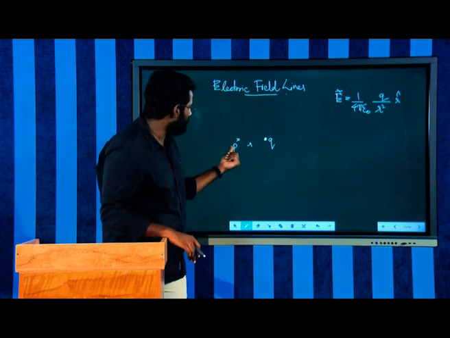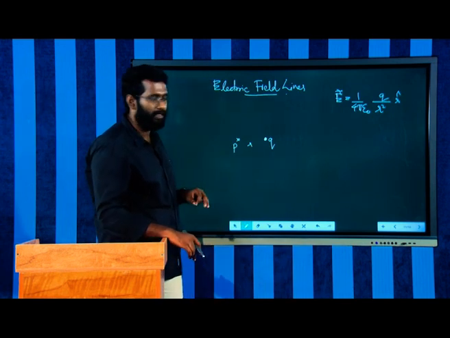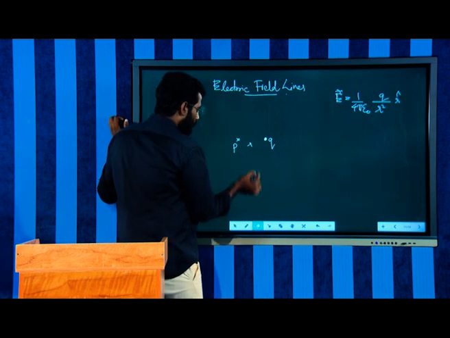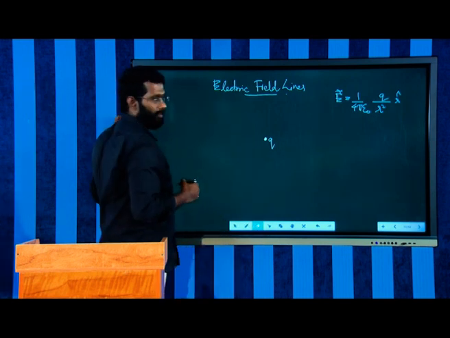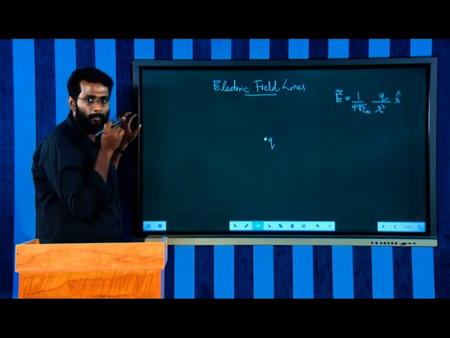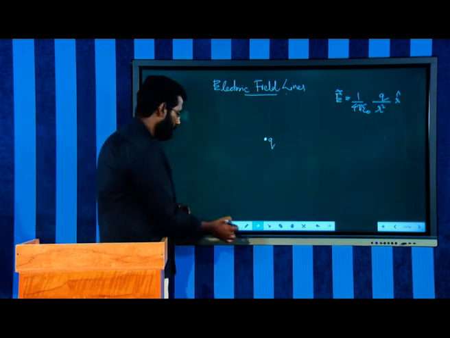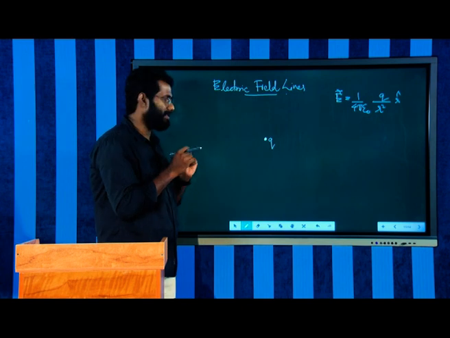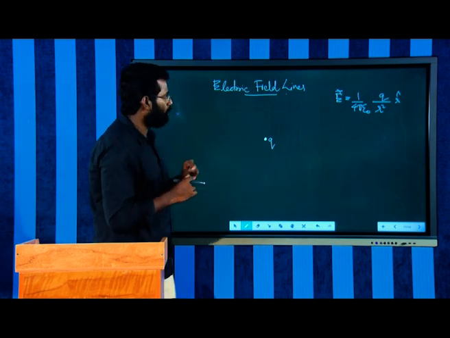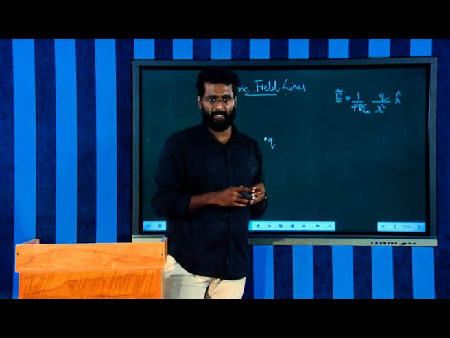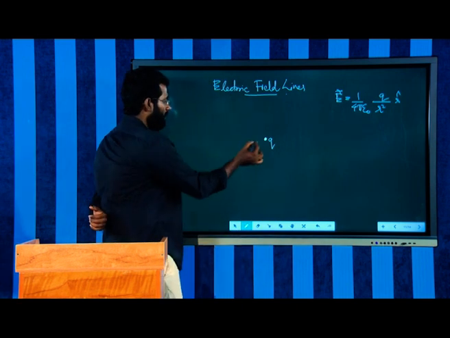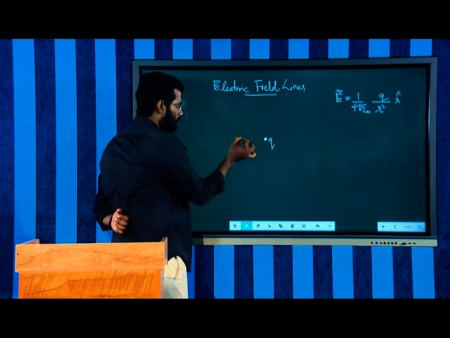Okay. Now, this is the point P and r is the distance. Now, we are drawing some vectors. What vectors? We are drawing some representative vectors to address this electric field. How? So, we know that we can consider a point here.